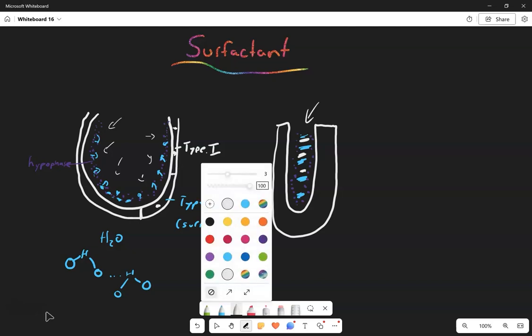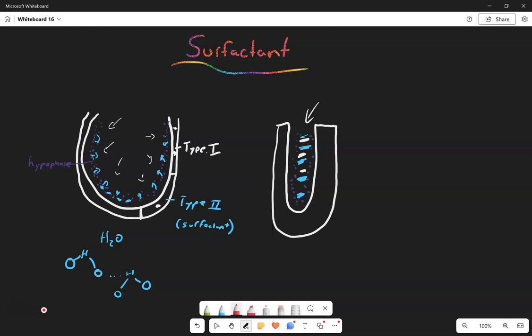So what happens is that these type 2 alveolar cells secrete a molecule known as surfactant. And what the surfactant does is it prevents those hydrogen interactions between the water molecules, right?